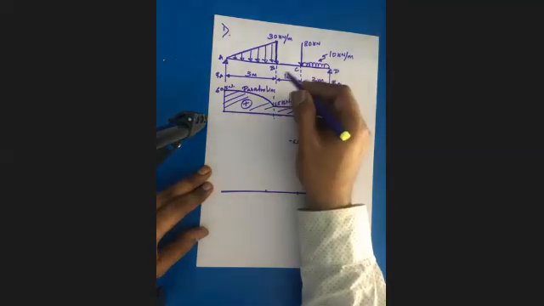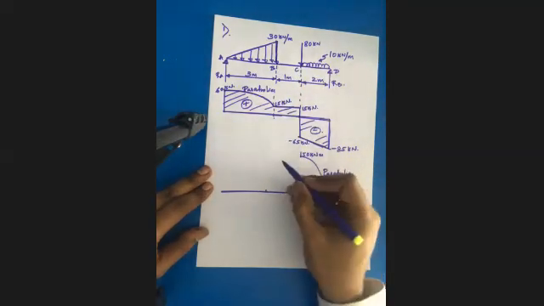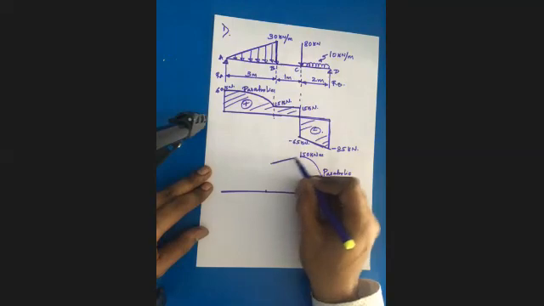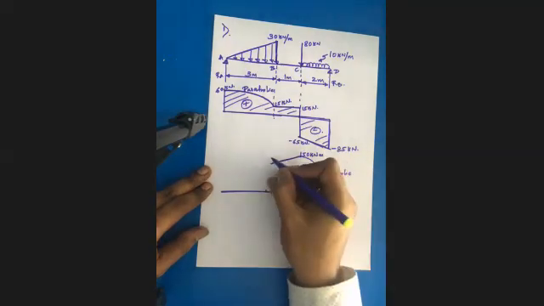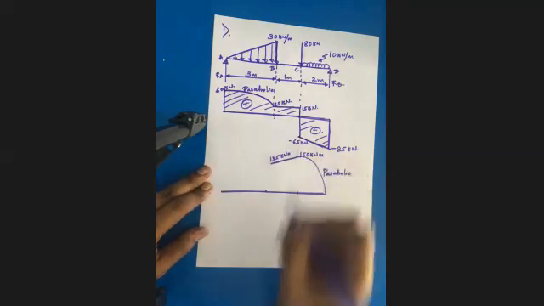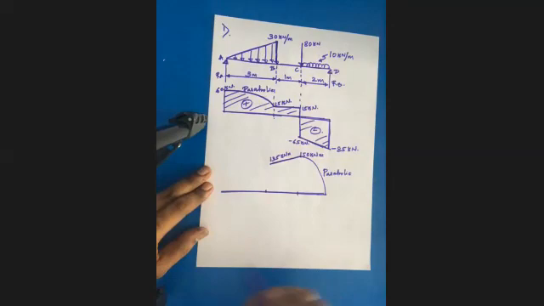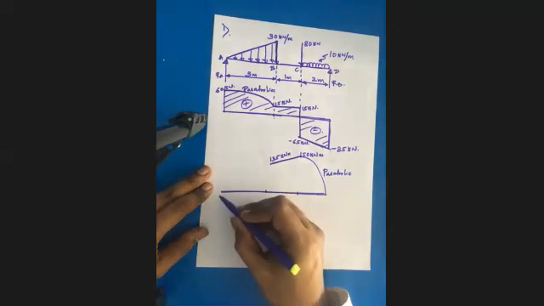And then at point B, the bending moment becomes 135. And since there is only point load, this variation will be linear, like this. This is 135 kilonewton meter at point B. And at point A, it will become 0. But how will the variation be? Variation will be cubic.